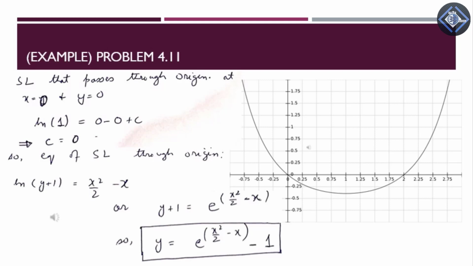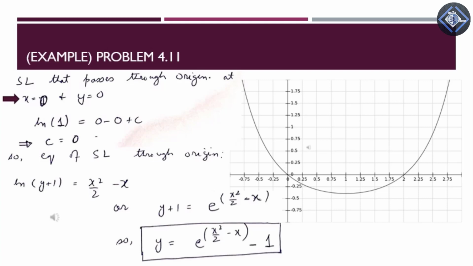In the general equation of any streamline, if x is equal to 0 and y is equal to 0, the constant c comes out to be 0. So we have a new equation for a streamline that passes through the origin, and that is given as ln of (y plus 1) equal to x squared over 2 minus x.